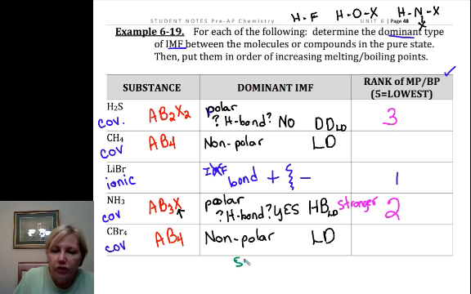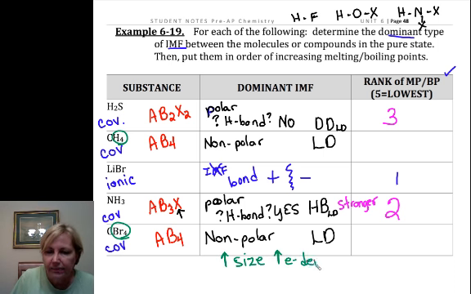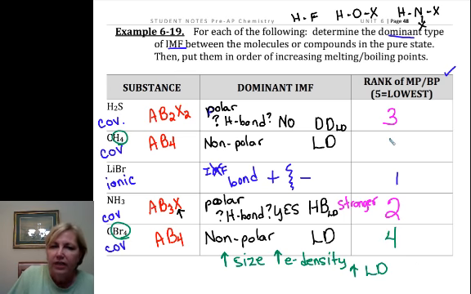The bromine is a much bigger atom than the hydrogen is. As you increase size, you increase electron density, you will increase your London dispersion. So bigger one wins. So this one is going to be stronger and this one will be weaker. That's how you would rank them.